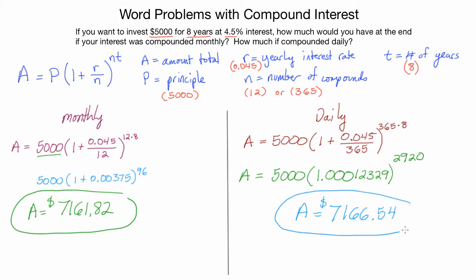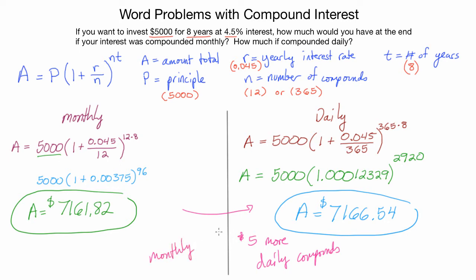All right, so let's compare them now. It looks like I made almost $5 more, which isn't that much, right? But you know, it's a hamburger. We got $5 more if we do daily compounds versus if we do monthly compounds.